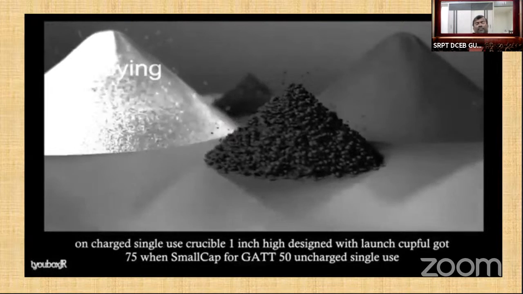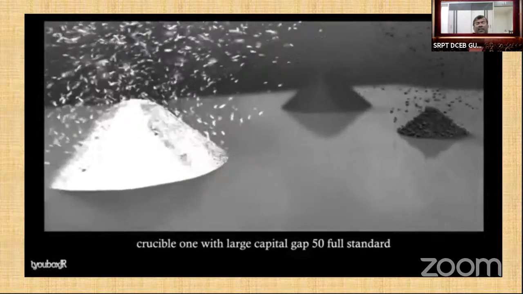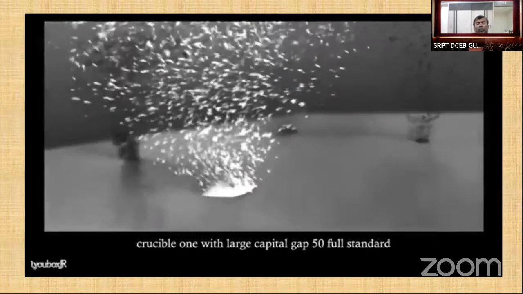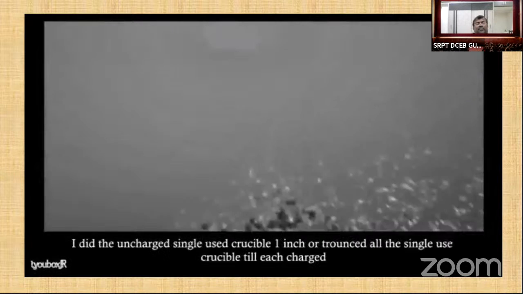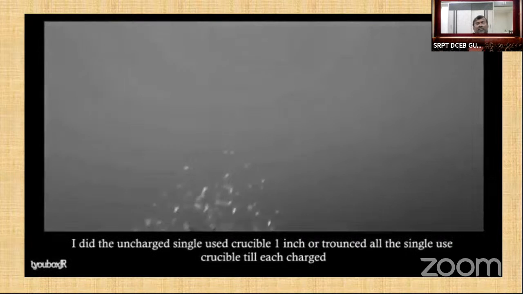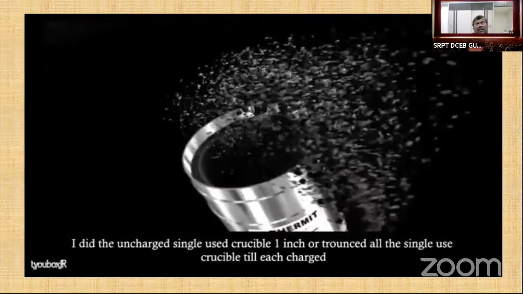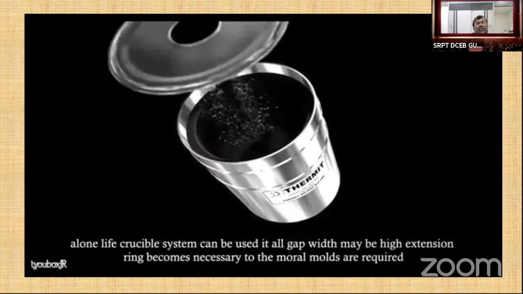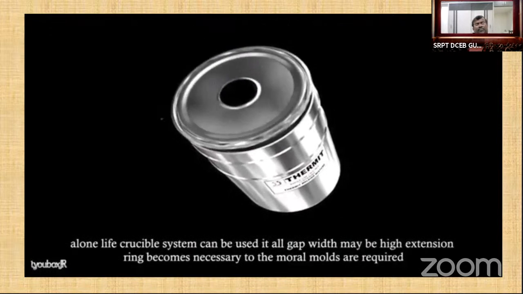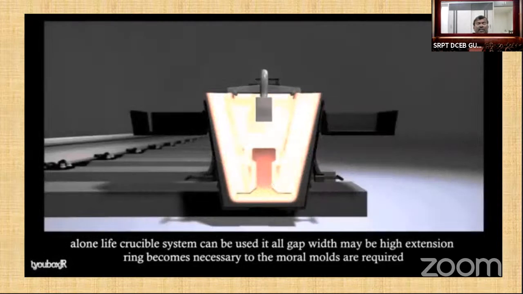See children, what is happening here? These are taken into a mold which is fitted to the rails and ignited at 900 degrees centigrade. Then the displacement reaction takes place. So thermite reaction is nothing but what type of reaction? It is a displacement reaction. The reaction is taking place.